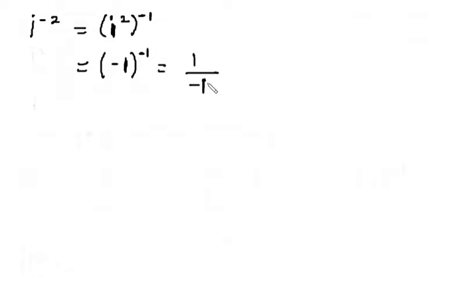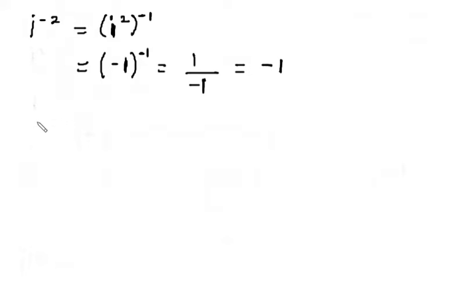To solve this problem, you can represent it as i to the power of 2, and then minus 1 outside. i to the power of 2 is negative 1, so this is negative 1 to the power of minus 1, which simply means 1 over negative 1, which is still equal to negative 1. So i to the power of minus 2 is equal to negative 1.